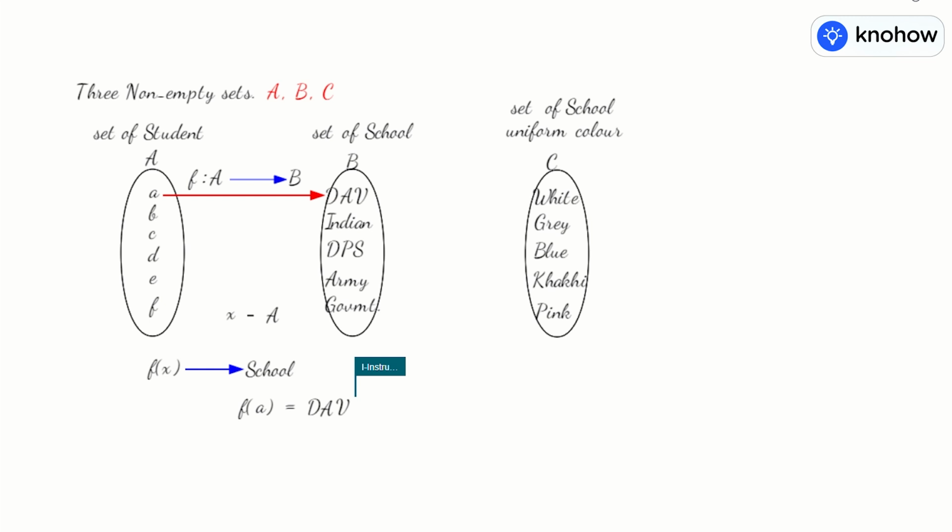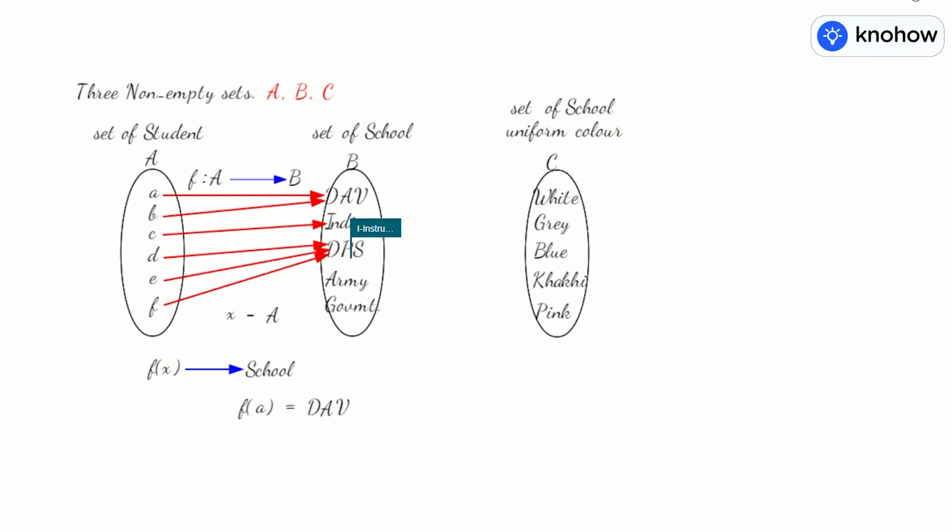And b also, let's suppose, studies in DAV school, c studies in Indian school, d studies in DPS school, and let's suppose e and f also study in DPS school. All the three d, e, f are in DPS school. And at present in our set A, none of these students go to Army public school or government school.